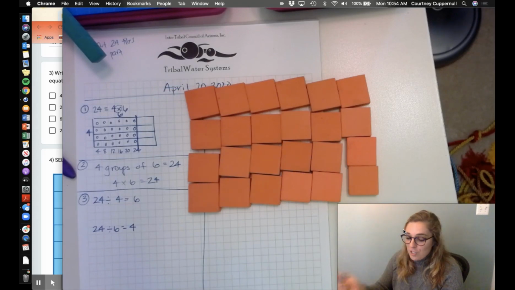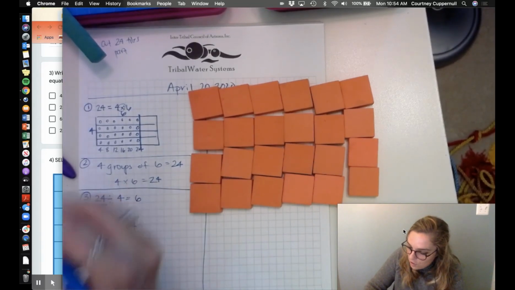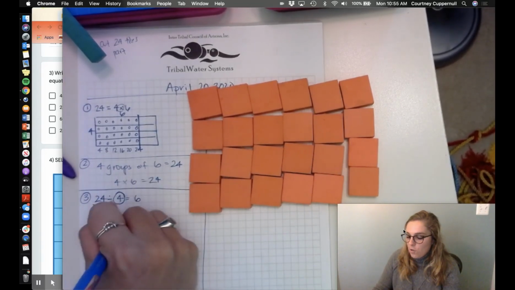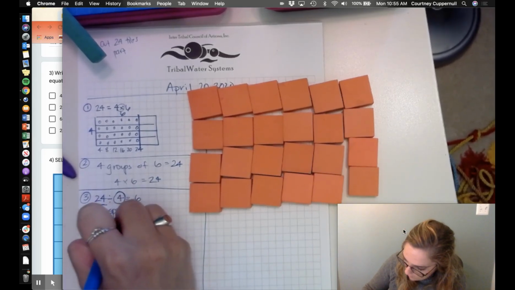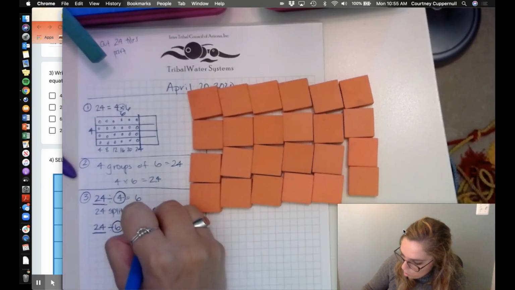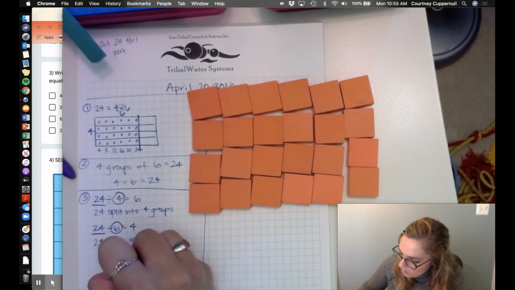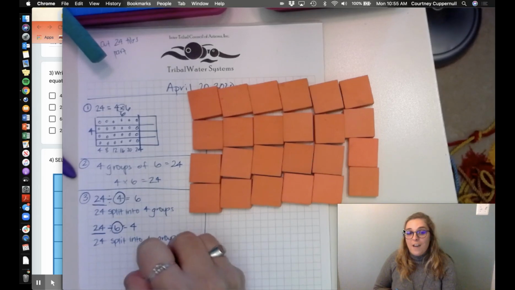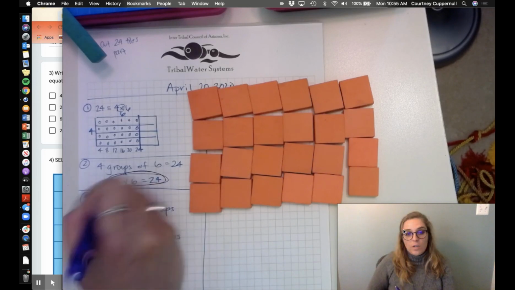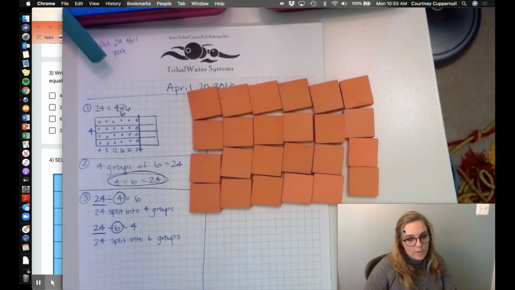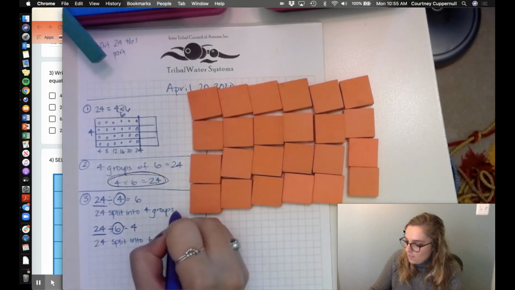If you're seeing a division equation that starts with the total of 24 and then has one of these factors in the groups section, so 24 split into 4 groups is this one, or 24 split into 6 groups, you can use the fact that you know 4 times 6 equals 24, or 6 times 4 equals 24 to help solve. Because you know 24 split into 4 groups, well, that's just 6 per group.